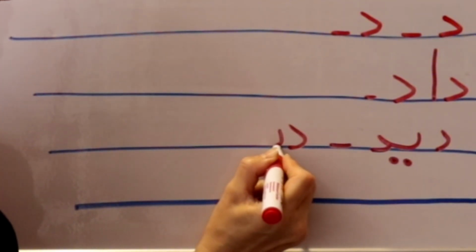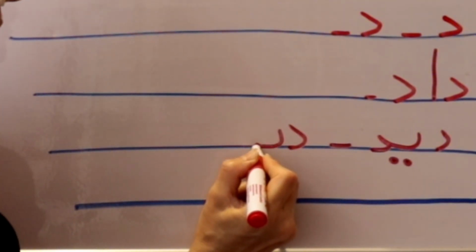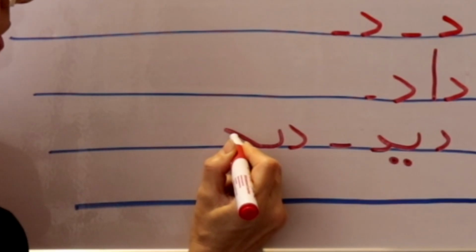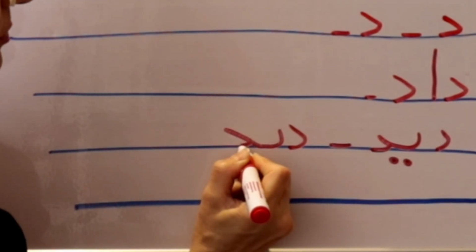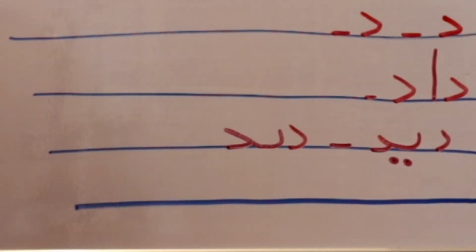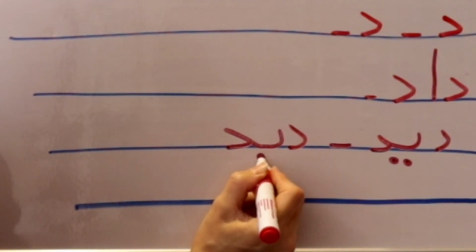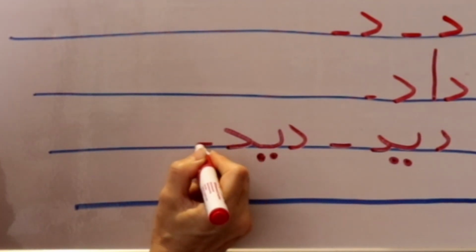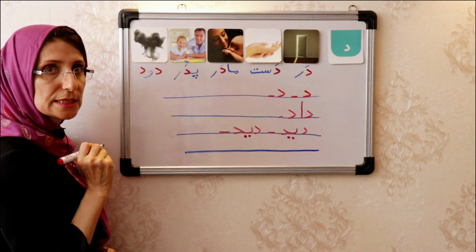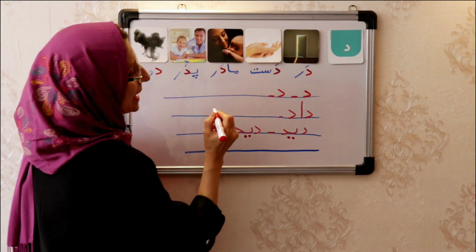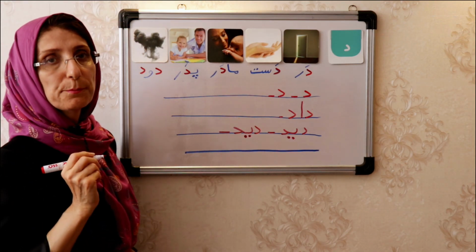Write the teeth, the tooth for the E sound, then go to left, return back and write the D sound in this way, and then put the dots for E. Did. And the word bad.